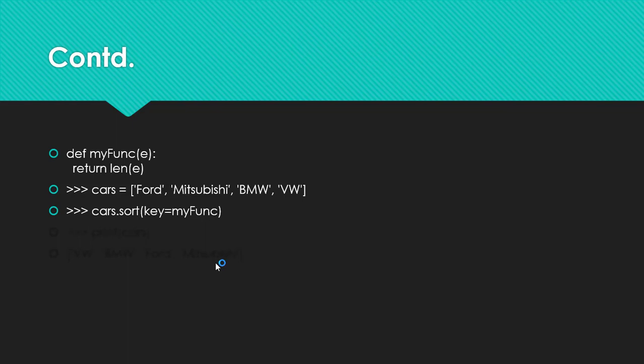Then whatever value the function returns would be used as the sorting key. Now in this case, the list would be sorted according to the length of each element. Print cars, and we will see that the element with the least length would be printed at the beginning at the 0th index, and the element with the maximum length would be printed at the last.